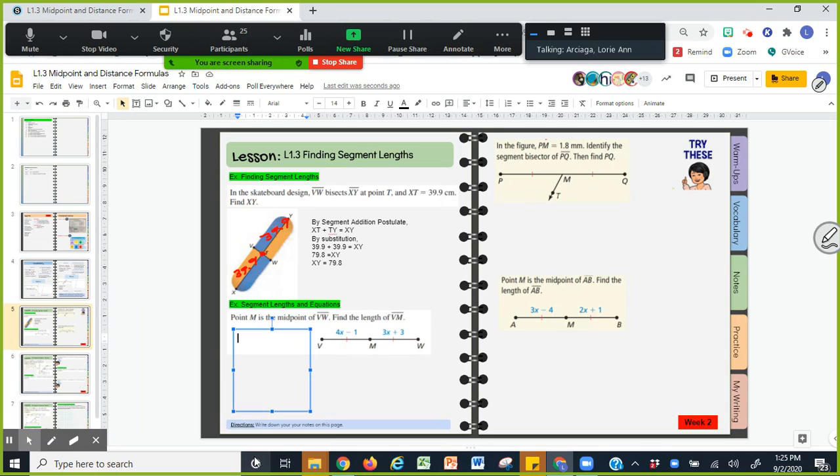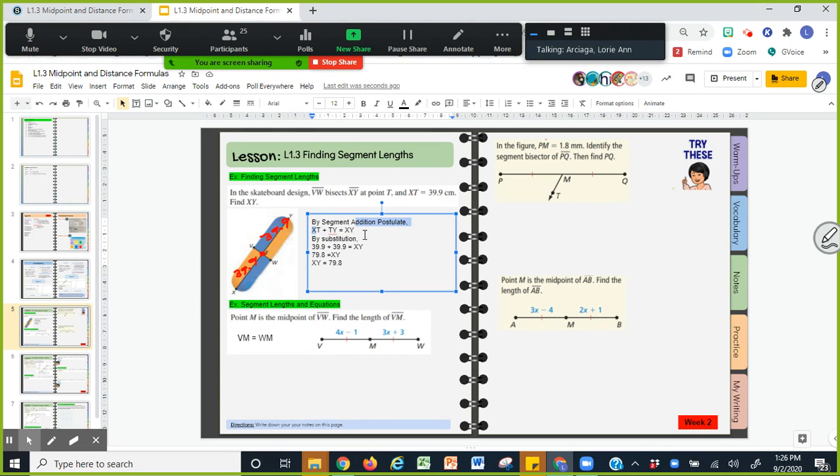Or, as an alternative, if you know that M is the midpoint, then you can also write VM is equal to the other part, which is WM. I put these two examples side by side to differentiate when to use this type of equation and when to use just making them equal to each other.